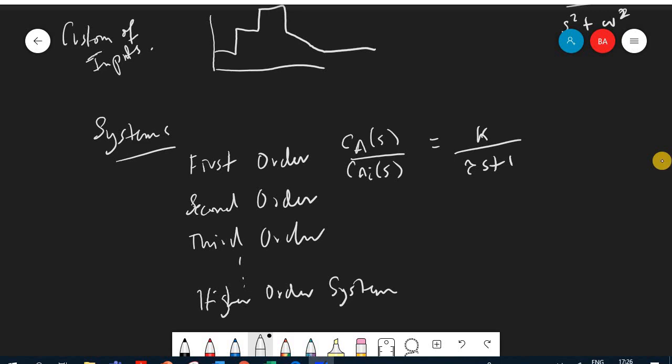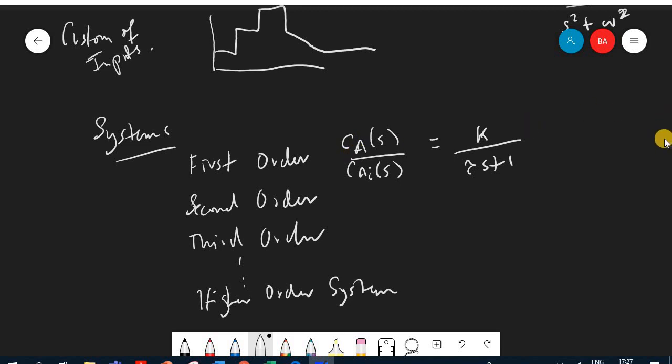So what you're going to study is, if we have a step input to CAI, what will be my output, which is the CA. So we are studying all the types of inputs against the output.